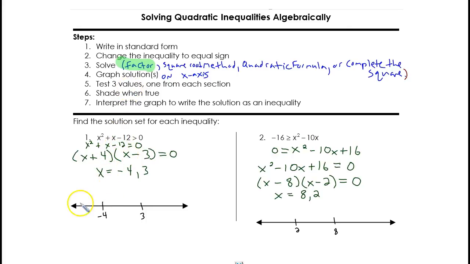I've also already created a number line for you, and I've put the two solutions on that number line. And so what's going to happen is we're going to pick up on these examples at step 5. So you might want to pause the video every once in a while, jot down what I've already done, and then play the video and pick up and add in the new stuff.